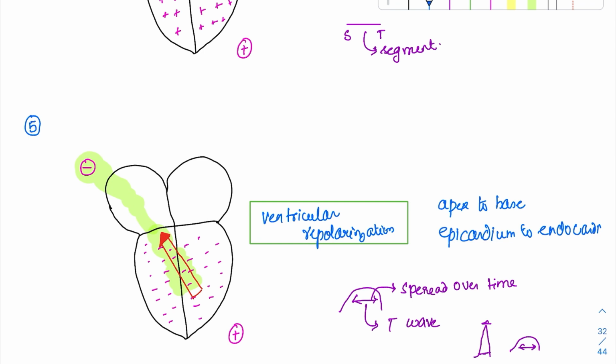And we missed one event. We saw the atrial depolarization, ventricular depolarization, ventricular repolarization. What is the wave produced by atrial repolarization? The atria also have to repolarize, but it is not producing any wave. What is the reason behind it? Because when the atria are repolarizing, what is happening in the ventricle? The ventricle is depolarizing.